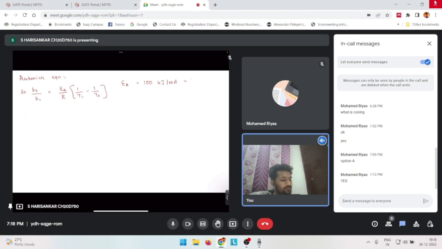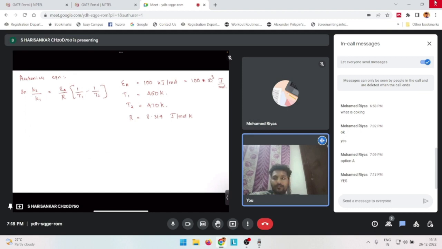This is basically 100 into 10 raised to 3 joule per mole. Then T1 is basically 450 Kelvin and T2 is 470 Kelvin. And the universal gas constant R is also given as 8.314 joule per mole per Kelvin.